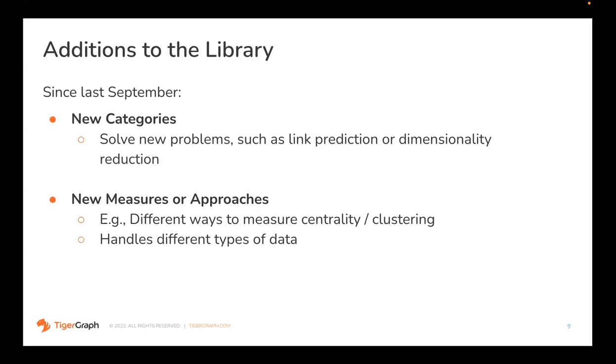Or sometimes, again, there are different ways. Let me give you a comparison for closeness centrality. Closeness is measured by what's the average distance to go from this node to every other node in the graph. And that average distance is sort of a measure of its closeness.